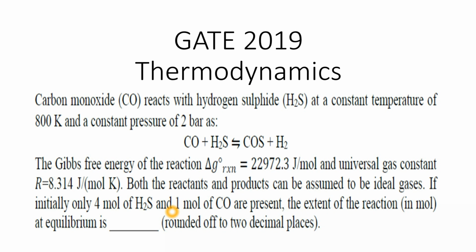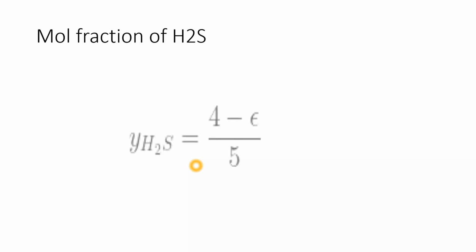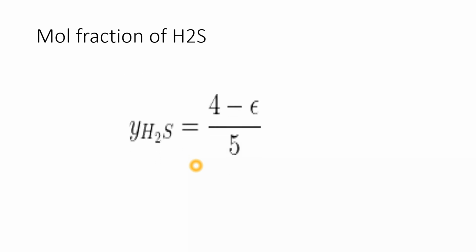Here you can see the stoichiometry of H2 is 1, stoichiometry of CO is 1, so the product side stoichiometry will be 1 plus 1 is 2, and the reactant side is 1 plus 1 also 2, so 2 minus 2 will be 0, and 0 times epsilon will be 0. So I only write 4 minus epsilon upon 5, so the total moles I got is only 5.